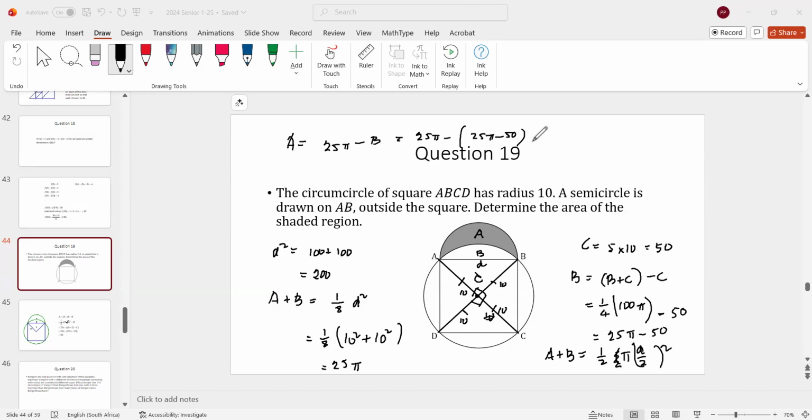And when you subtract these, interestingly, the 25 pi will cancel off. So the area that you're looking for is actually 50 units. I'm sure there's an easy way of doing it, but it's interesting. So that's question 19.